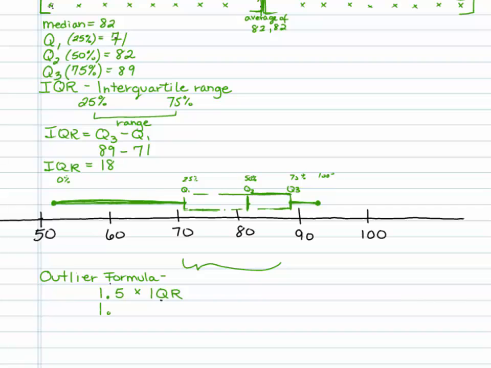Our interquartile range up here was 18. 1.5 times 18 should be 27, I believe.